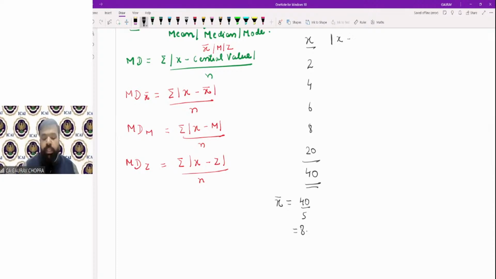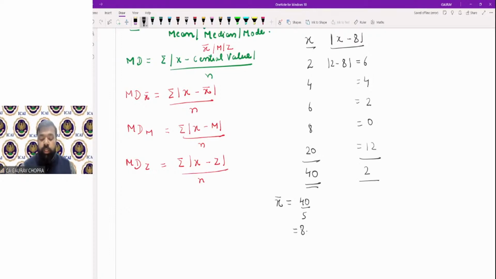So x bar is 8. So 2 minus 8. Normally it would be minus 6, but you have to write only 6 because of modulus. 4 minus 8 gives 4, then 2, 0, 12. So deviation is taken.